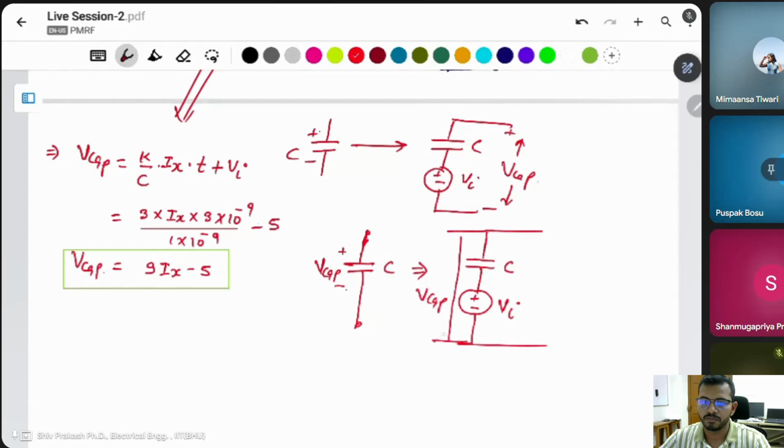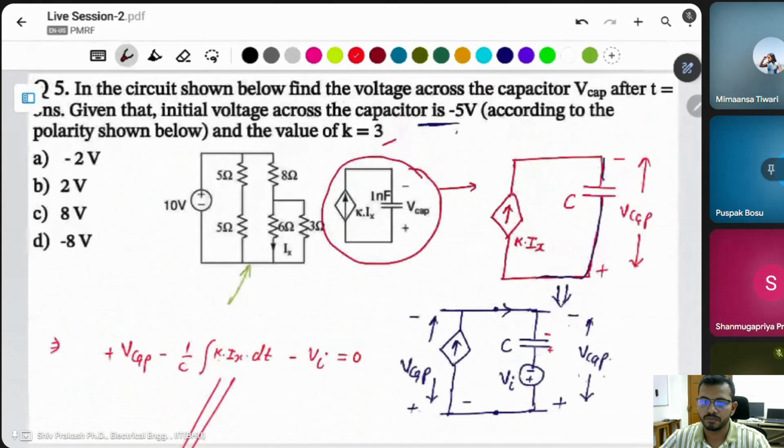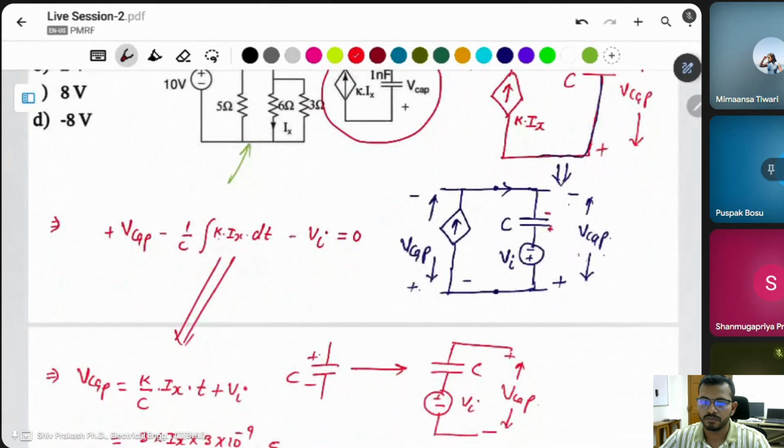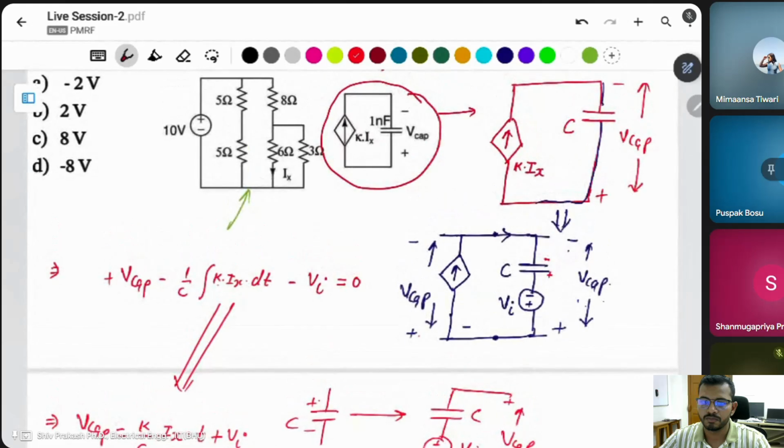The total voltage is V capacitor. The symbol is the same, plus and minus. I did the same thing here. A capacitor, simply, with the symbol given in the question: this is minus, this is plus. The same thing I applied here, a capacitor and a voltage source.